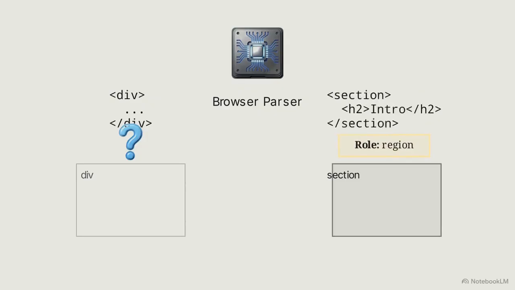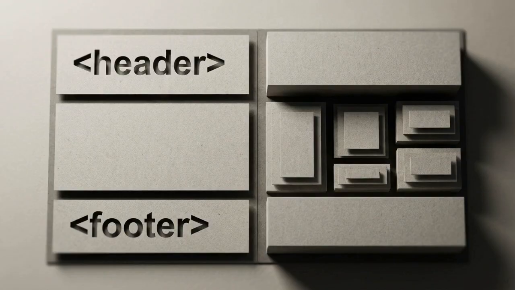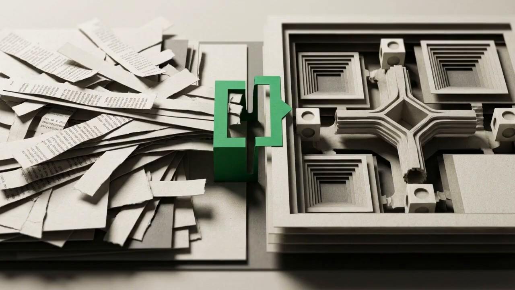Semantic tags require proper internal structure to function. When an H2 heading is placed inside that section, the region acquires a machine-readable name, establishing a defined location in the document outline. Using correct semantic tags mirrors proper component architecture. It directly constructs the machine-readable outline, serving as the necessary bridge between raw network data and assistive technology.